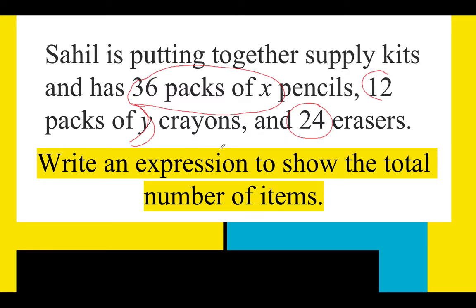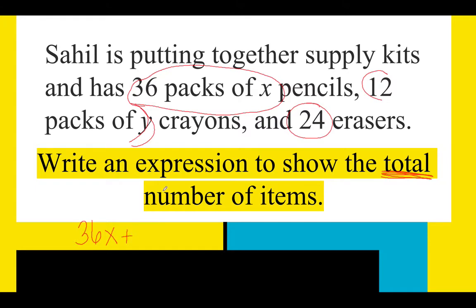So now we need to write an expression to show the total number of items. Well, if we're talking about total, what operation are we talking about? Right, so we're talking about adding these. 36 packs of x can be represented as 36x.